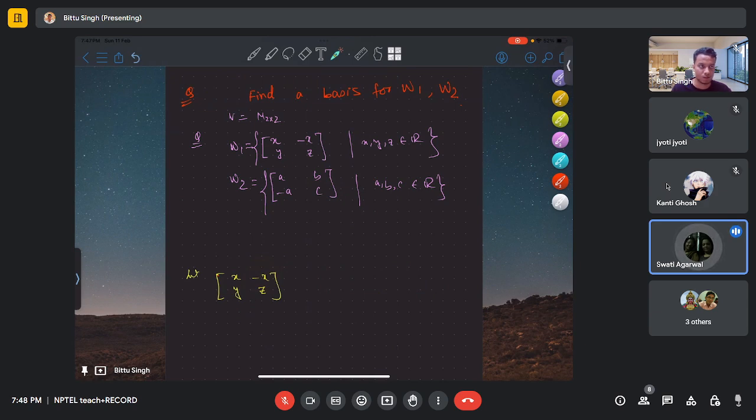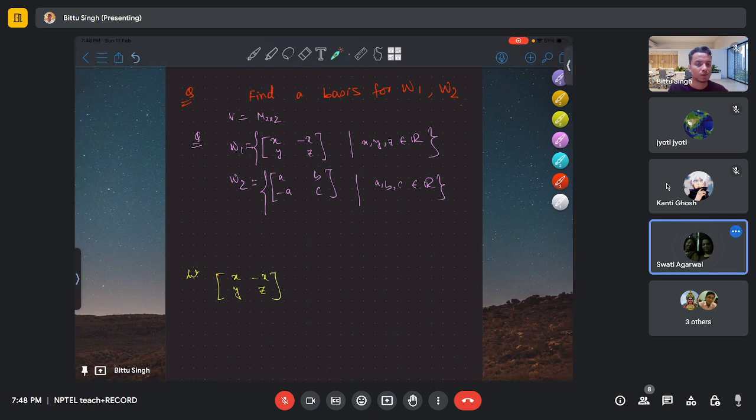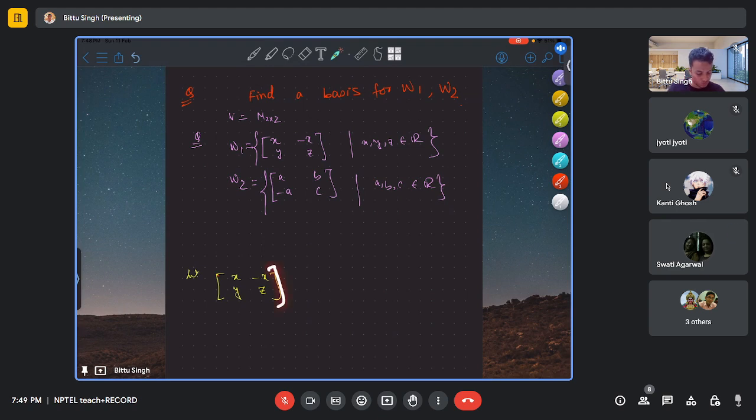But isn't one row equal to one vector? There are two rows, and each vector has two elements in it, like x and minus x, then y and z. So isn't it belonging to space R2? Which space do you want to say? Like a plane. This is a 2 by 2 matrix, so it cannot belong to a plane.